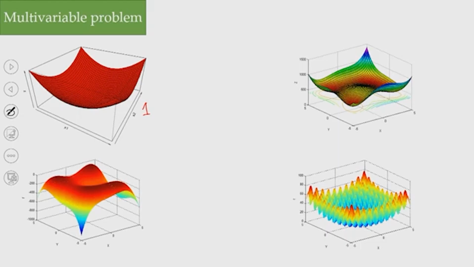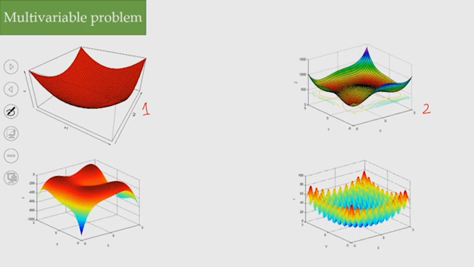There is only one optimal solution, and I can also say that this particular function is a convex function. Then this is function 2, a little bit more complicated, because we have 4 optimal solutions of this function within this search space.